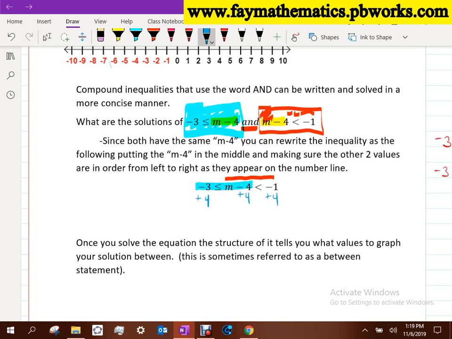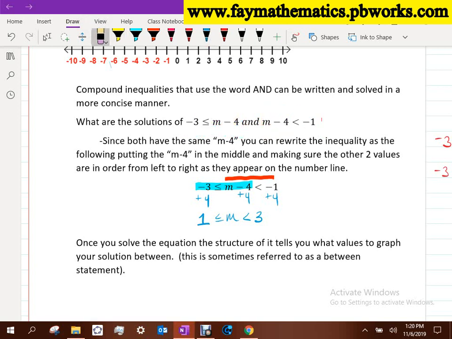So now if I start adding those, -3 plus 4 gives me 1, less than or equal to m, is less than -1 plus 4, which is 3. Now, think back. Let me draw a comparison.